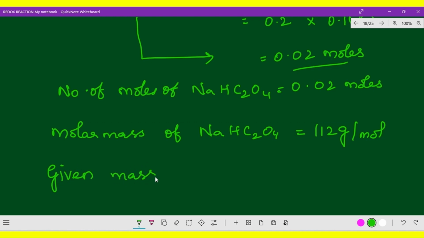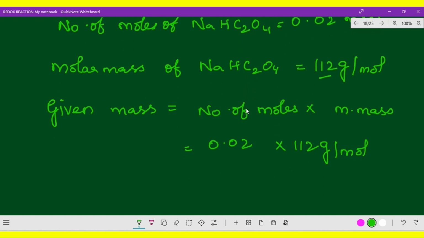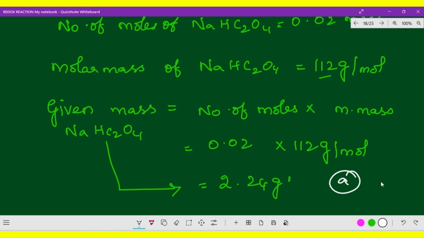So given mass equals number of moles into molar mass. I hope you got the idea. Moles is 0.02 into 112 gram per mole, so the given mass, A gram, is 2.24 gram. That is the given mass of NaHC2O4. This indicates A gram.